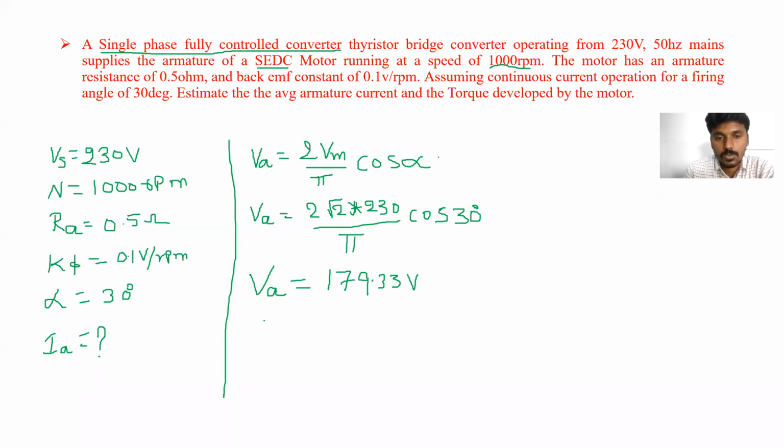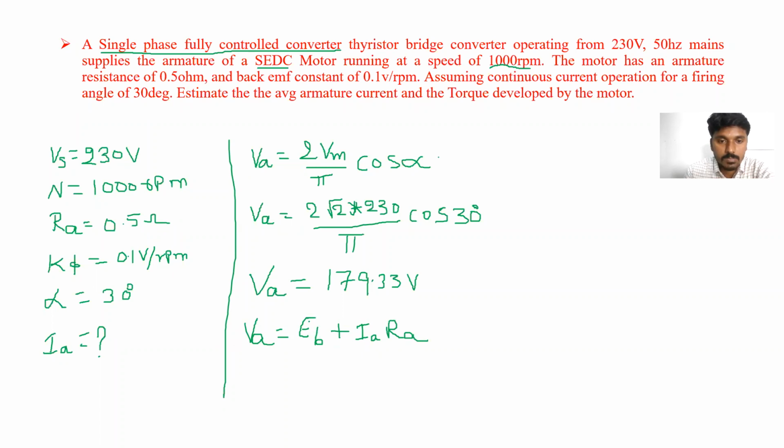Clear? So how can we find out the armature current? VA is equal to, we know the formula, EB plus IA RA. So we know the value of VA and we know the value of armature resistance.